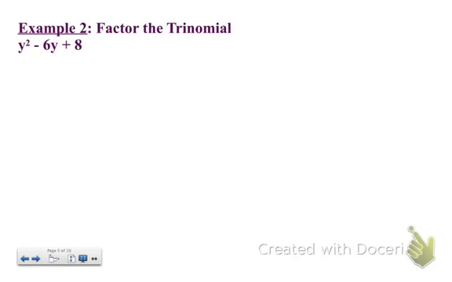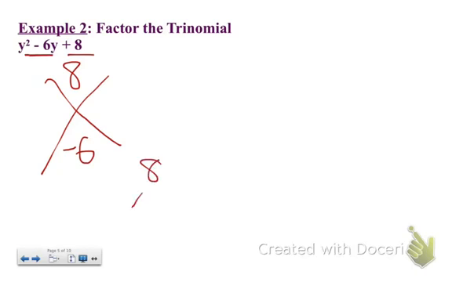Now for another example, we're looking at what factors of 8 when added together give us negative 6, so you need to treat that as a negative. Again, you can think about your factors of 8, 4 and 2, or 8 and 1, but remember we're going to have to make negative 6.